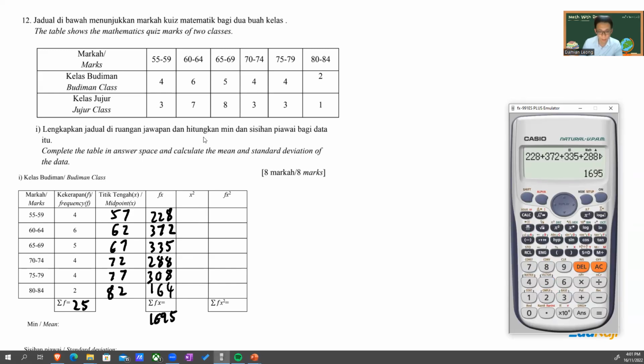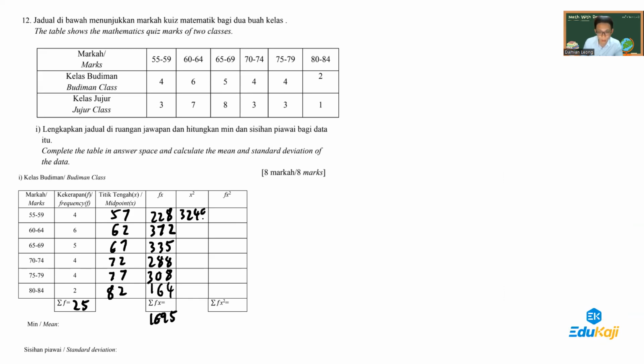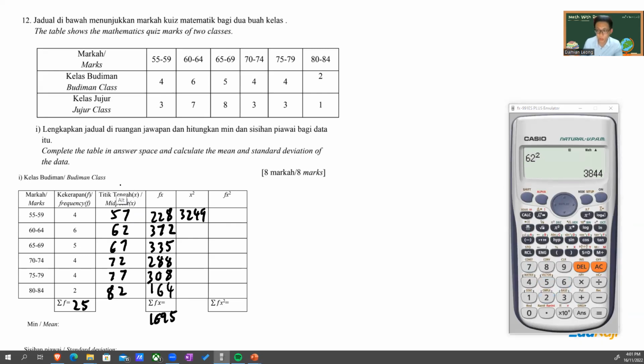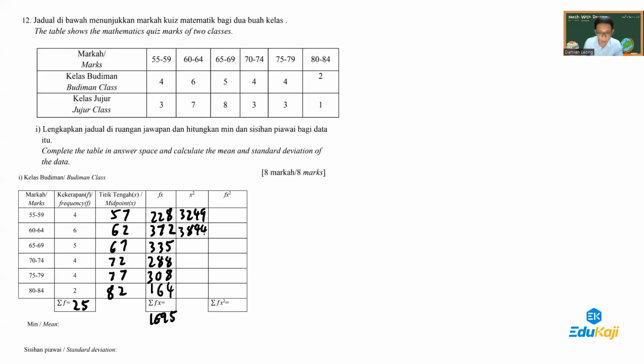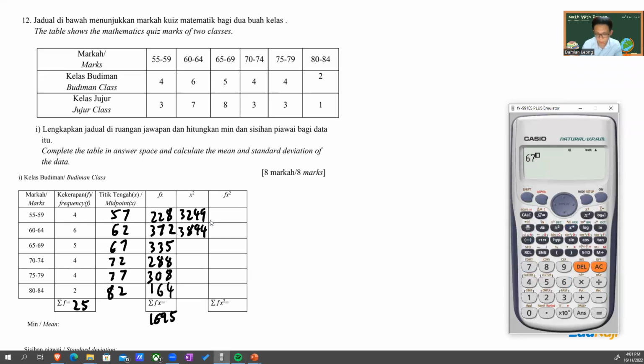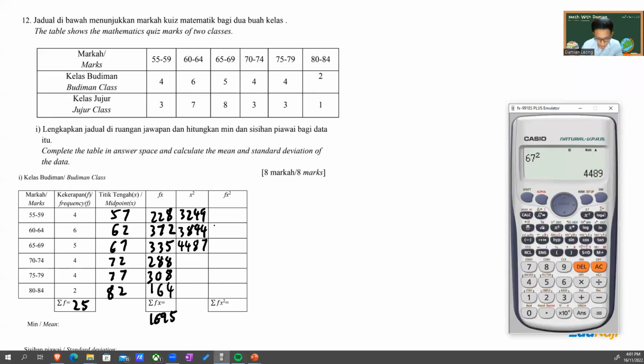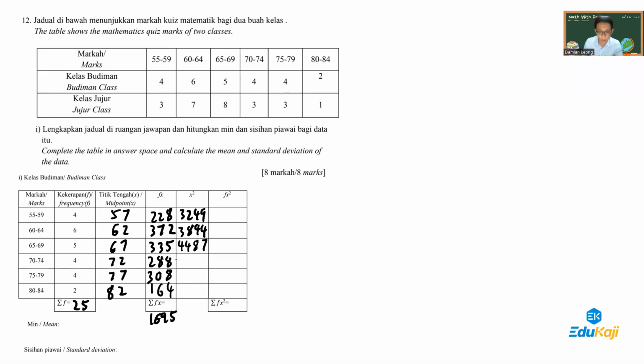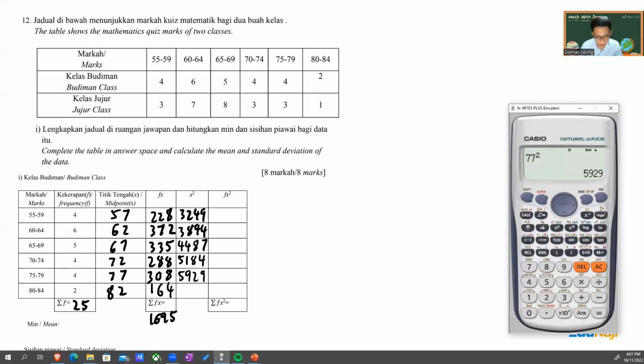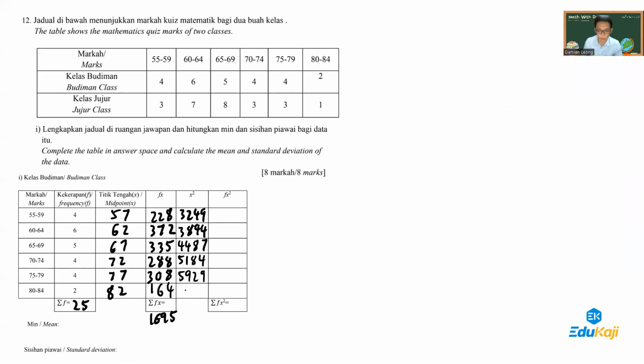Square the midpoints. 57 square, 3249. 62 square, 3844. 67 square, 4489. 72 square, 5184. 77 square, 5929. 82 square, 6724.